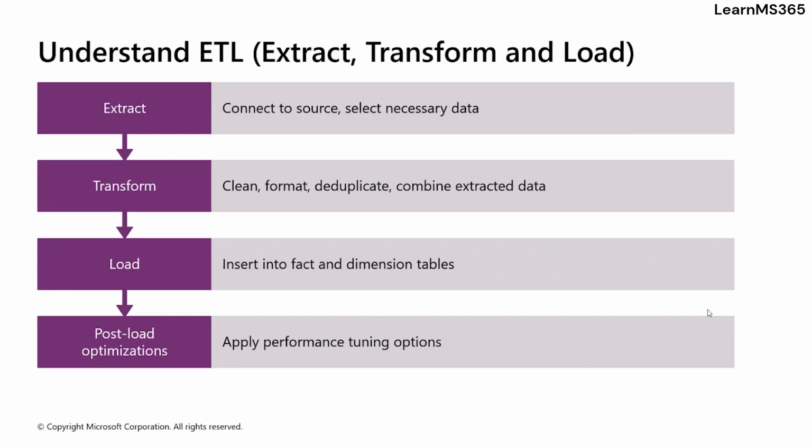Now, if we talk about data loading, the extracted and transformed data are loaded into the fact and dimension tables. For an incremental load, this involves periodically applying ongoing changes as per the requirement. This process often involves reformatting the data to ensure its quality and compatibility with the data warehouse schema.